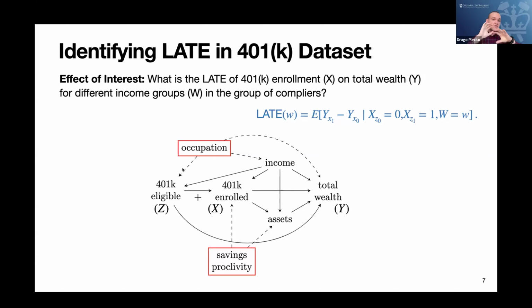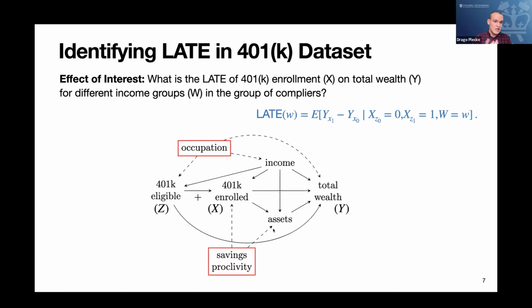But what you can see as well is there are different types of confounding, which we think possibly makes sense. Occupation could be confounding for 401k eligibility, income and total wealth, whereas savings proclivity could confound the relationship of enrollment in 401k and the person's assets. What is very interesting is that in this specific setting, if we're using the traditional set of tools, we can just give up.